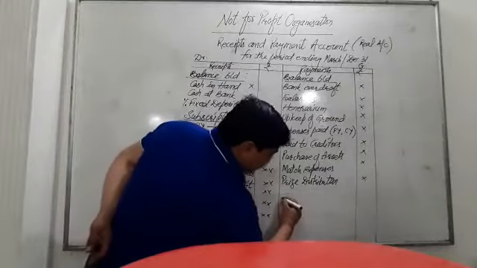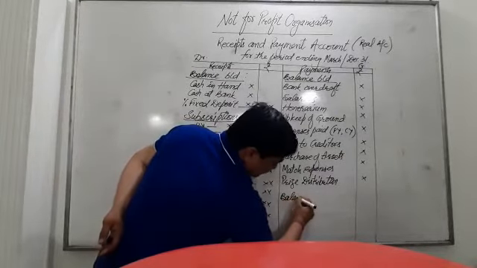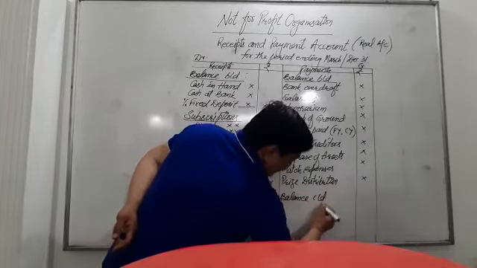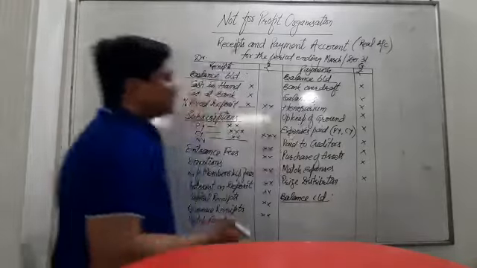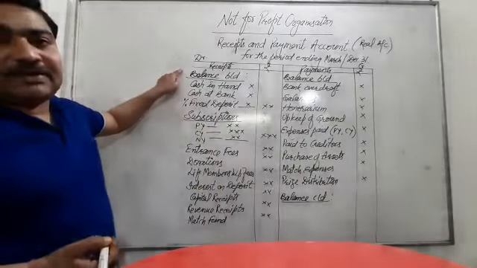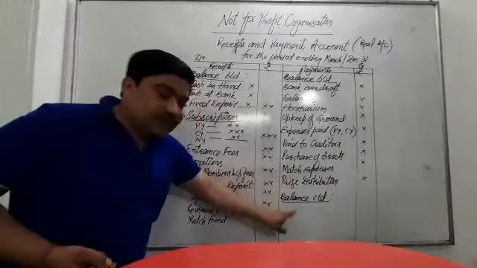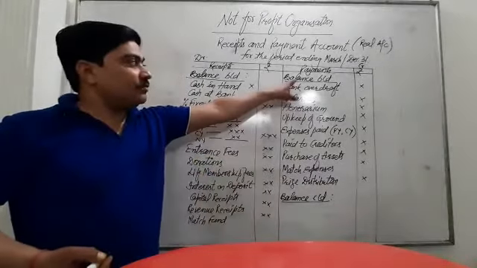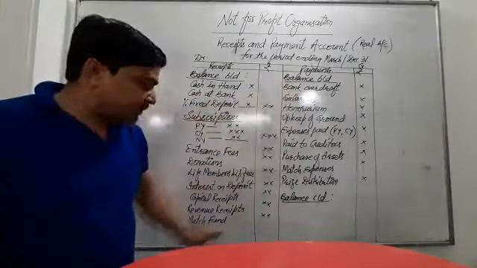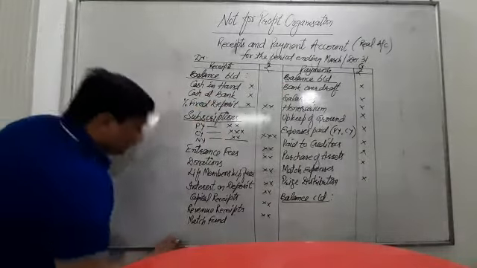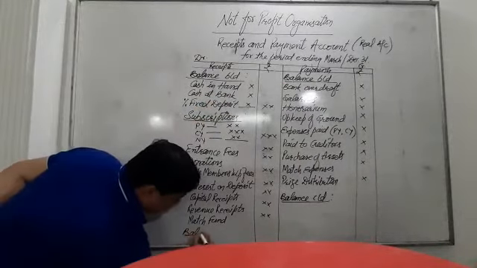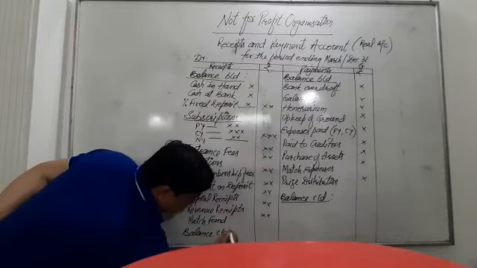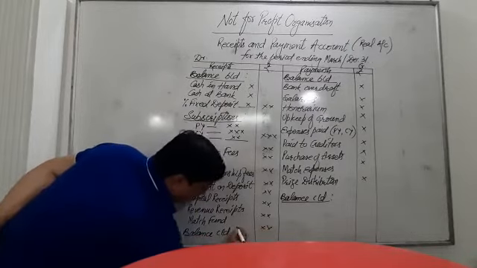Next is balance carried down. Remember, if we are writing the opening balance on the debit side, then the closing balance will be on the credit side. And the bank overdraft opening balance is on the credit side, and the closing balance will be on the debit side, right? So this is the bank overdraft.